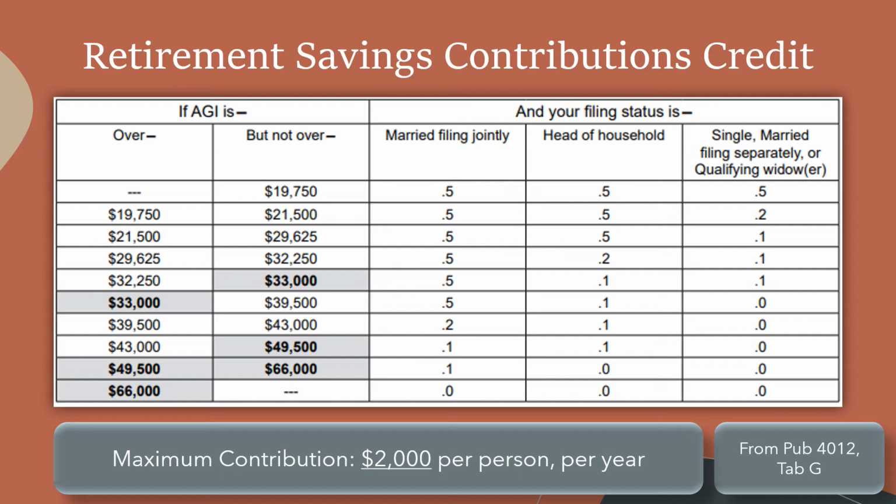So the 0.5 means 50% of what they put in they get back as a credit. And you can see as income increases, or as adjusted gross income increases, that the credit slowly phases out, or quickly phases out, to where eventually our taxpayers can no longer claim it.